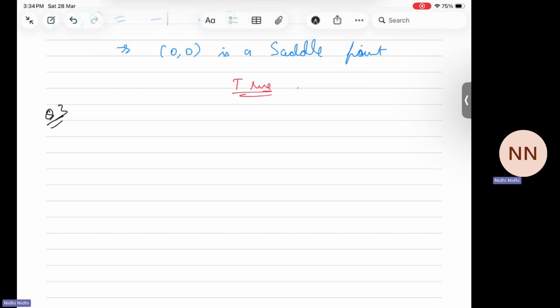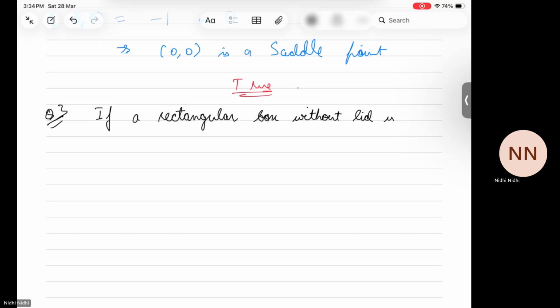Question number 3. If a rectangular box without lid, that means the top of the box is not there, is removed, is to be made with 12-meter square cardboard.